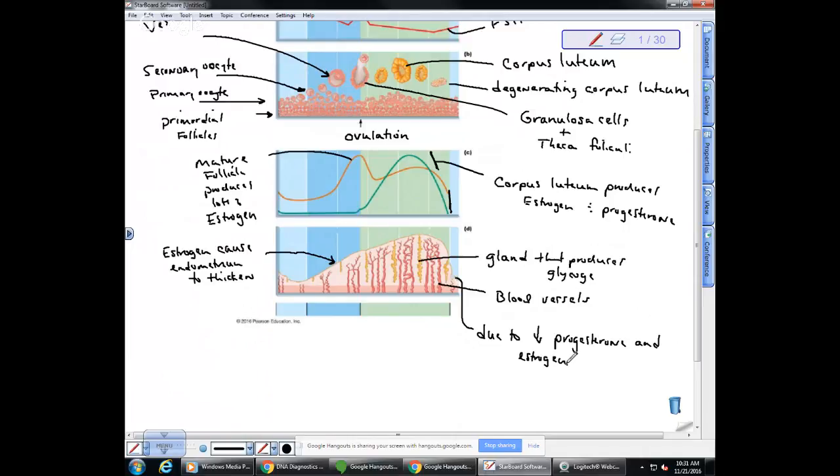So most people's female cycles are 28 days in length on average. And so ovulation occurs at day 14. If we look at this as being 28 days, so this whole thing is 28 days, we would say that about the 14th day is when the oocyte will leave the ovary and be ovulated.